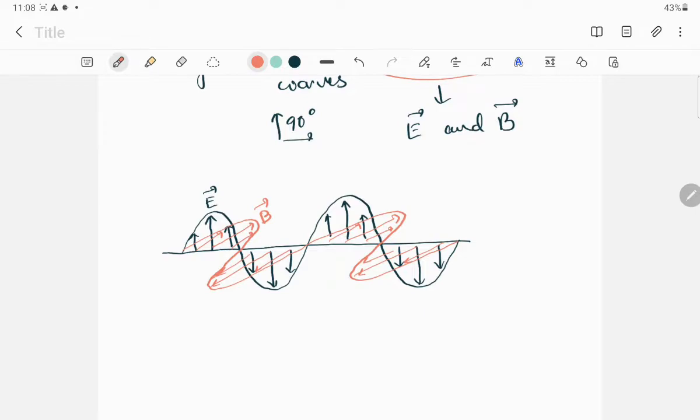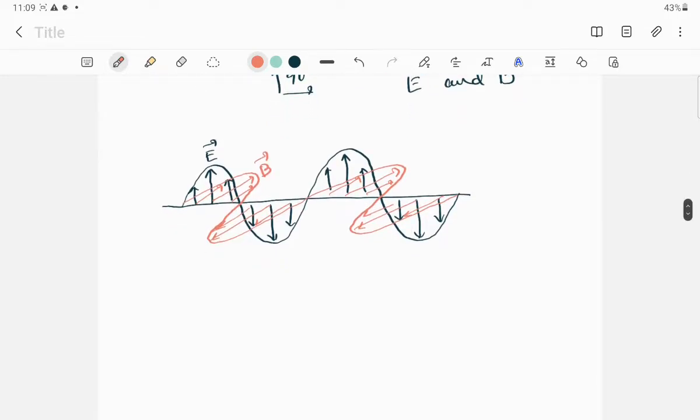So what is the issue? It will get really messy if I consider both electric field and magnetic field to explain the phenomenon of polarization. It's not impossible, but to help you understand better, from now onwards whatever explanation I give regarding polarization of light, I will do considering only the electric field vector.